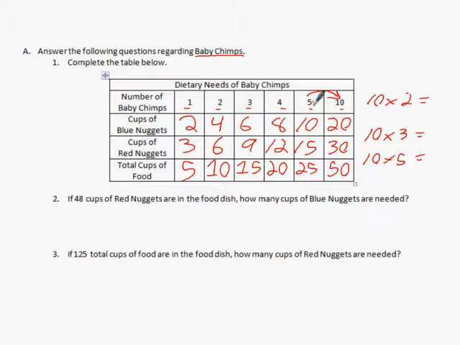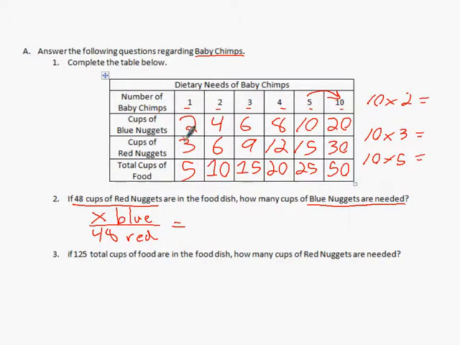Number 2 says if 48 cups of red nuggets are in the food dish, how many cups of blue nuggets are needed? Remember we talked about before part to part versus part to whole and setting up proportions. So 48 cups of red nuggets, how many cups of blue nuggets? So X blue, because we don't know how many, when there is 48 red, equals, now I need to take a look.